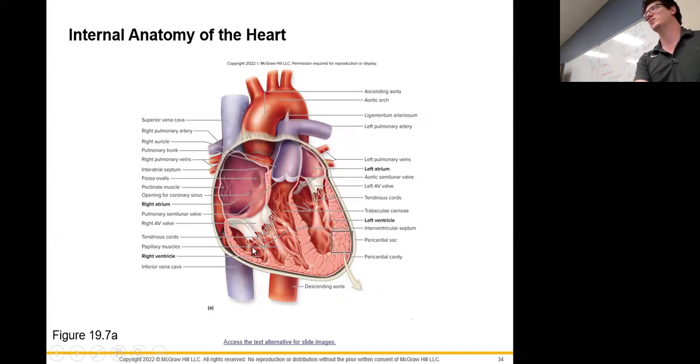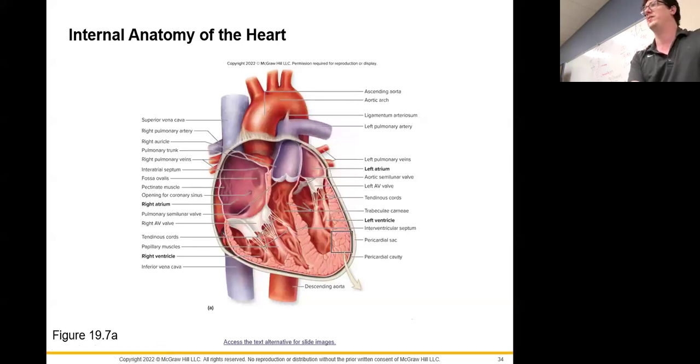We can see these little cords attached to our atrioventricular valves. We call these the chordae tendineae. That's just a fun name. I like all the Latin stuff, and this is about as Latin as something can be, okay? These are also going to be connected to these little bits of muscle down here, these little pillars of muscle, which is fun.